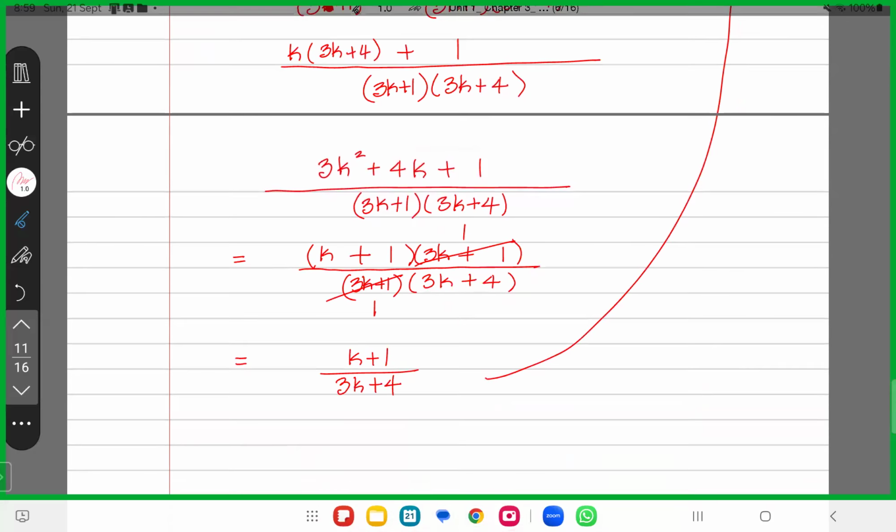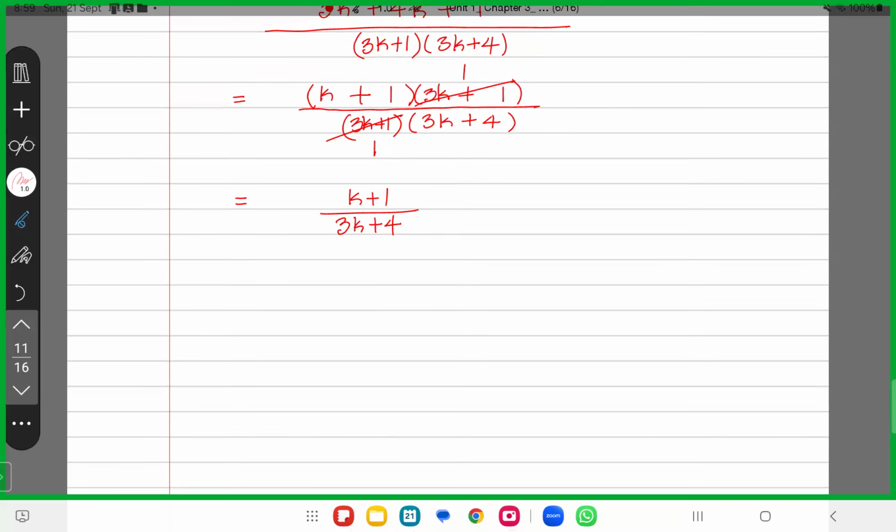And once you have done that, you can now make your statement that P(k plus 1) is true when P(k) is true.